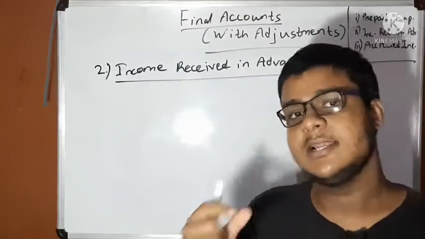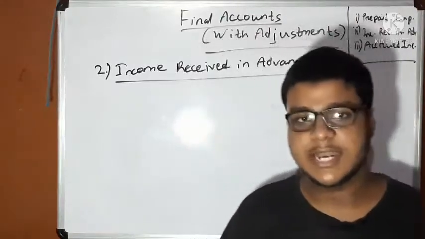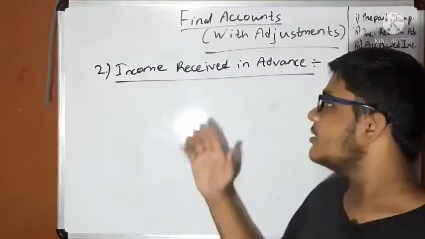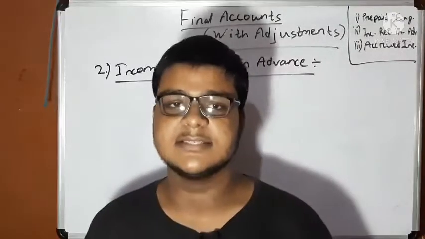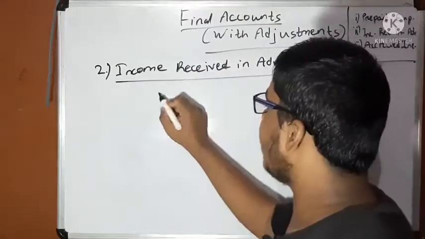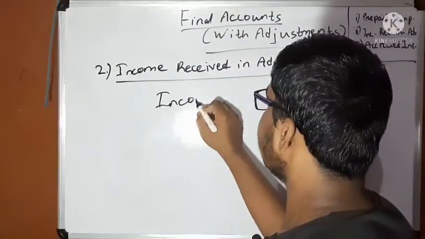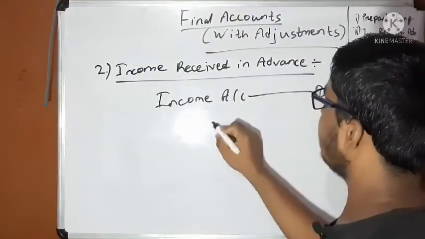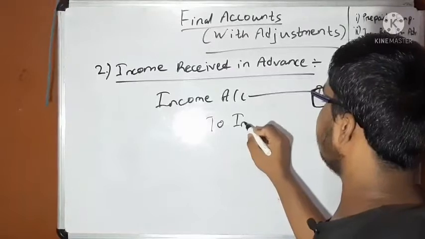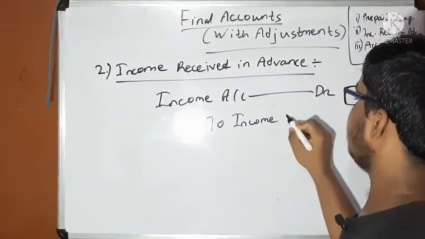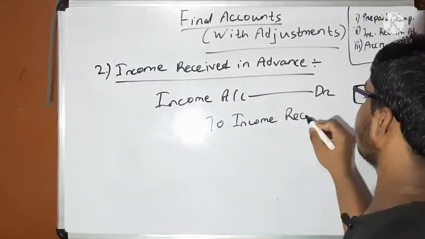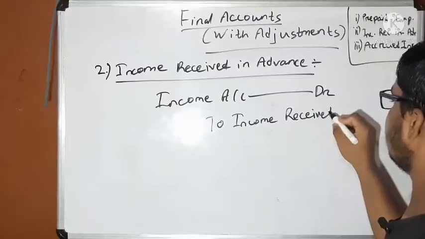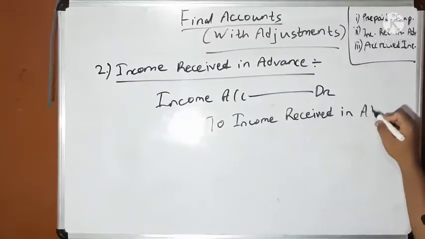So let us know the journal entry regarding this adjustment. What is the journal entry? Particular income account debited to income received in advance account.